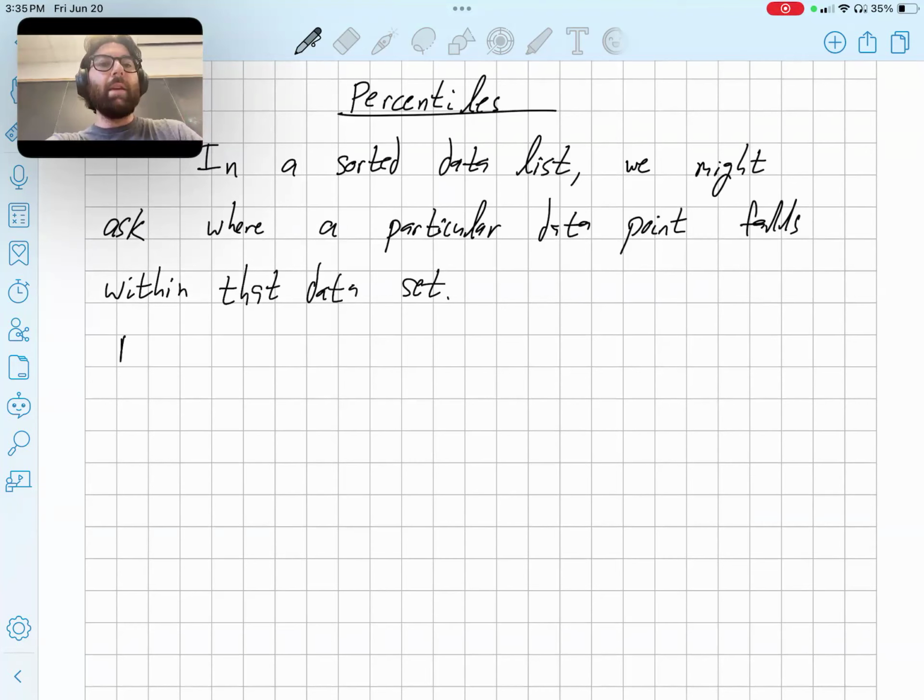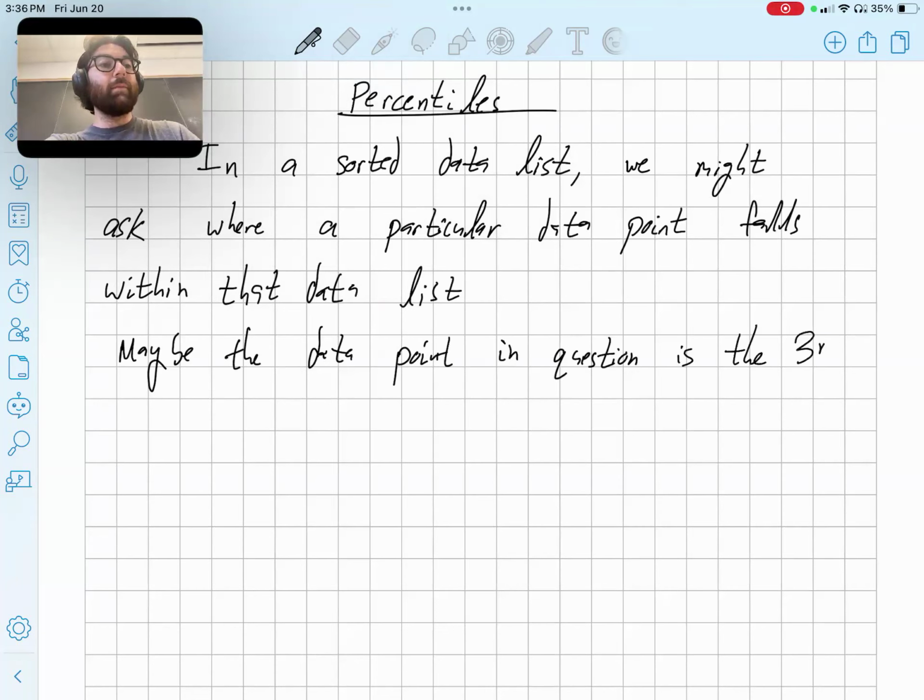Maybe the data point in question is the third data point.